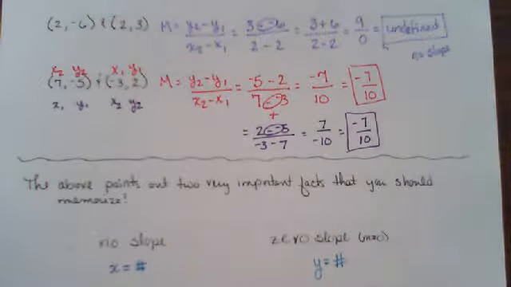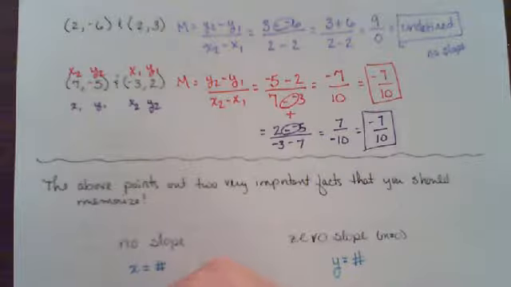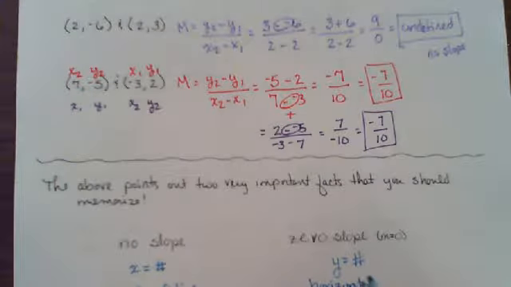For no slope, it's going to be a vertical line. And for 0 slope, it is a horizontal line. Horizontal means it looks like this. Vertical means it looks like that.